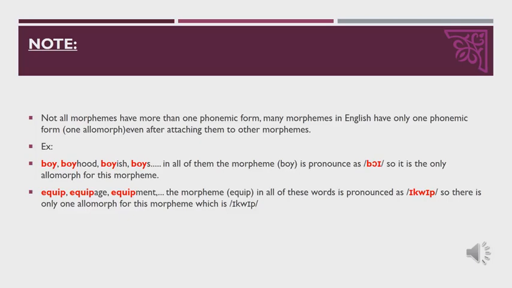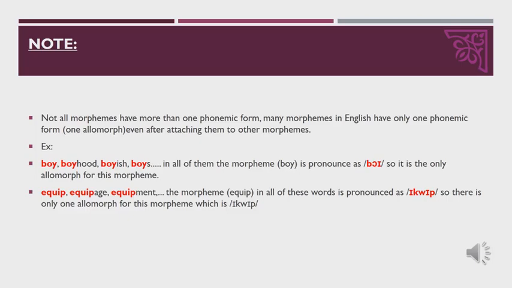So they have more than one allomorph, like the S plural, the -ed past, morphemes like deep, divine, etc. But the question is, do all morphemes in English have more than one phonemic form, more than one allomorph?